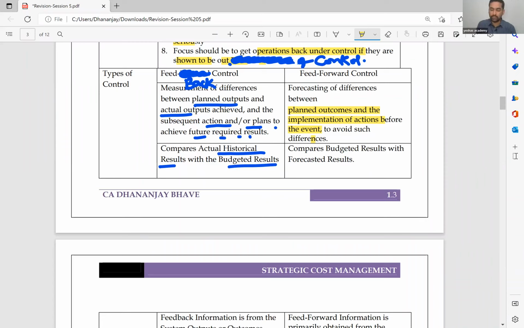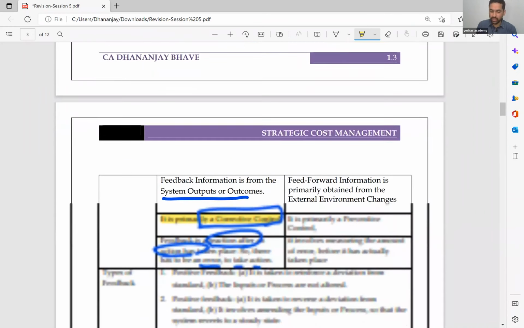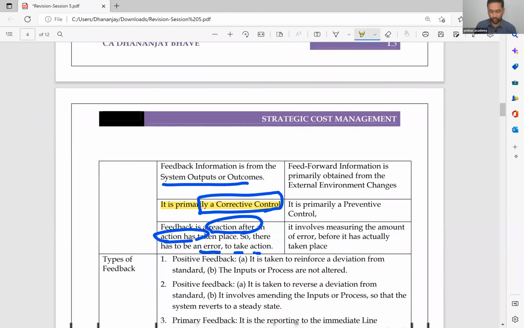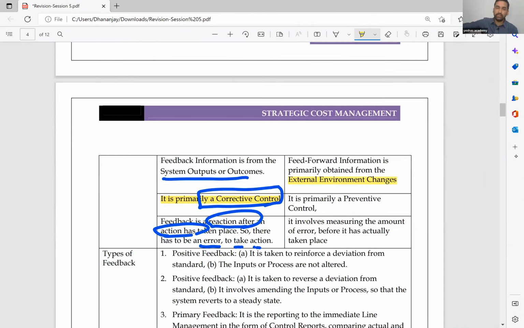See here, it compares the difference between budget and forecast. Here in feed forward system, it is primarily obtained from the external environmental changes. I told you there is a problem in the market. We are not able to get the supply of raw material. Today is September 10, and I'm already worried whether I'll get raw material at the old price on September 20 or not. Why? There is a problem in the market.